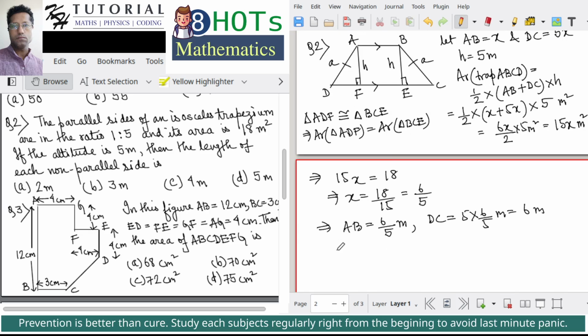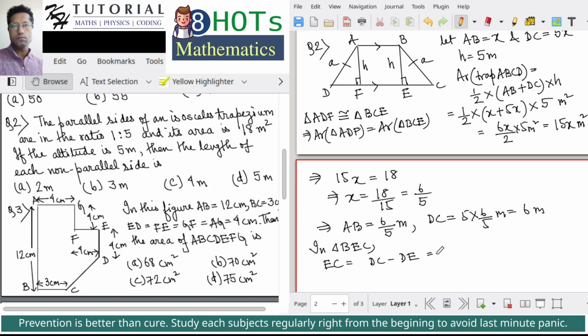Now, please note that from the properties of the isosceles trapezium, in the triangle BEC, what will be EC? EC will be DC minus DE.